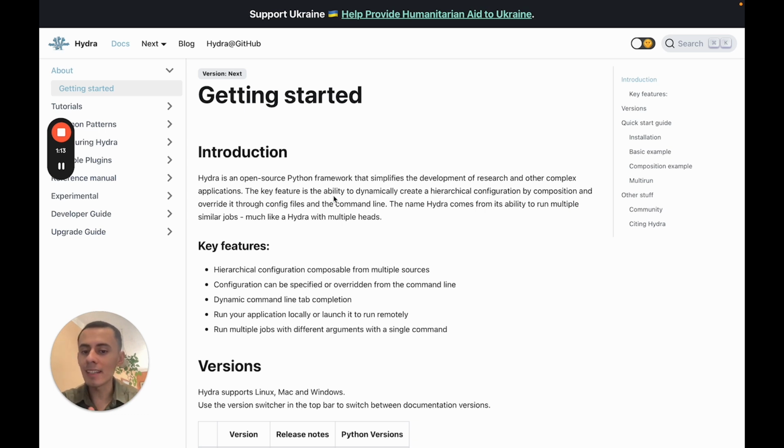The key feature is the ability to dynamically create hierarchical configuration by composition and override it through configuration files and the command line. The name Hydra comes from its ability to run multiple similar jobs, much like a Hydra with multiple heads. So basically, you have a default configuration, a more specific configuration, and configuration parameters that you can even define in the command line.